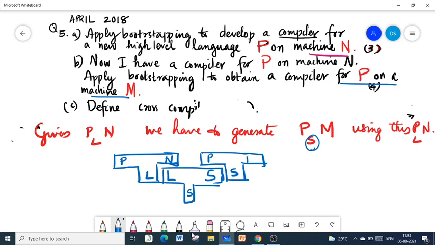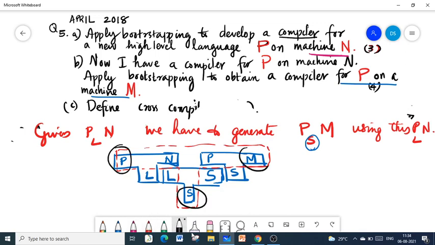In effect, we will obtain a compiler like this, P S M. Here you can see P, S, M.